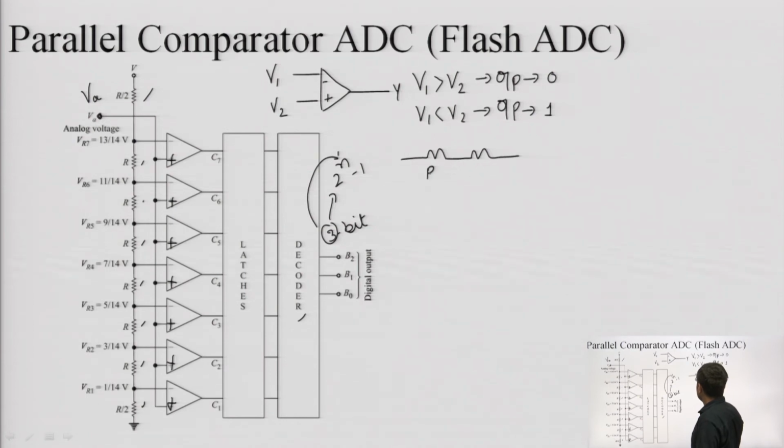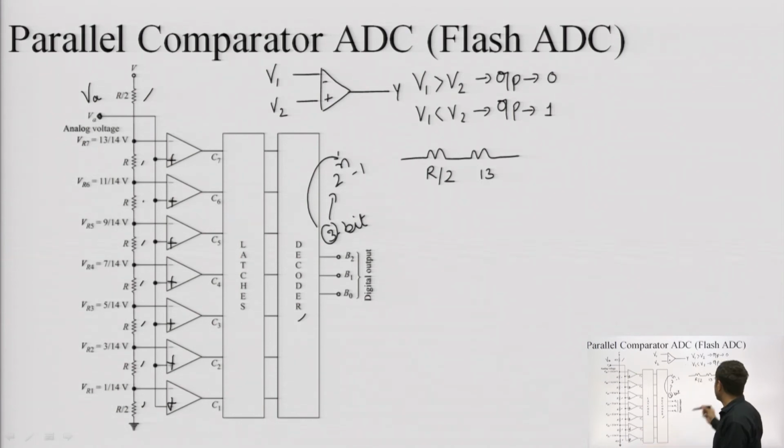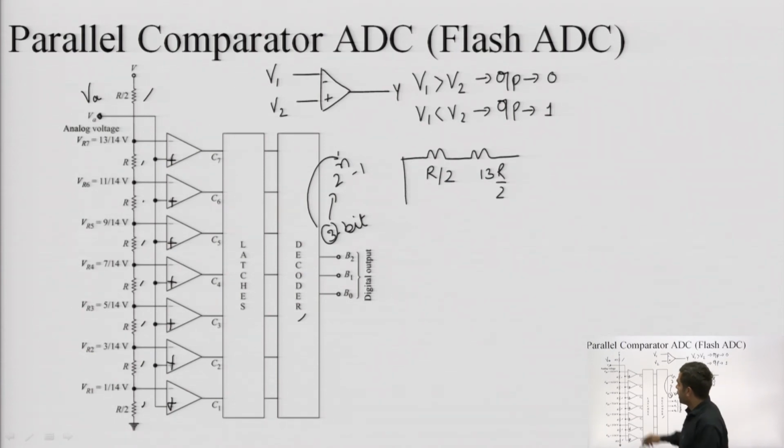So this is R by 2 and this is 13 R by 2. So 6 R plus 1, that is 6.5 R. 6.5 means 13 R by 2.